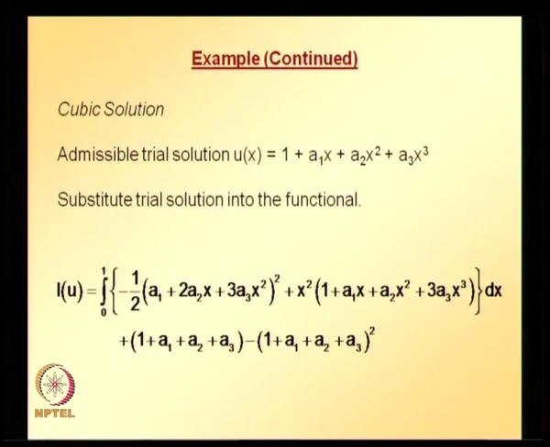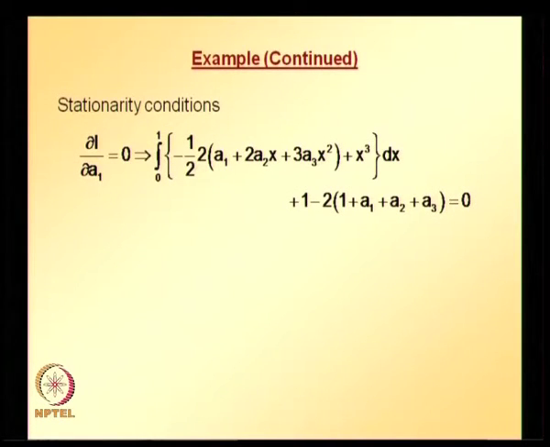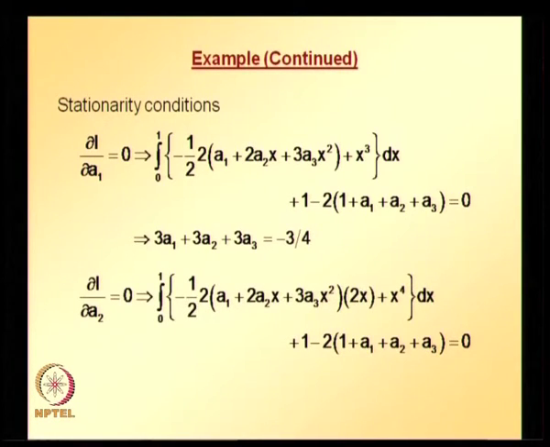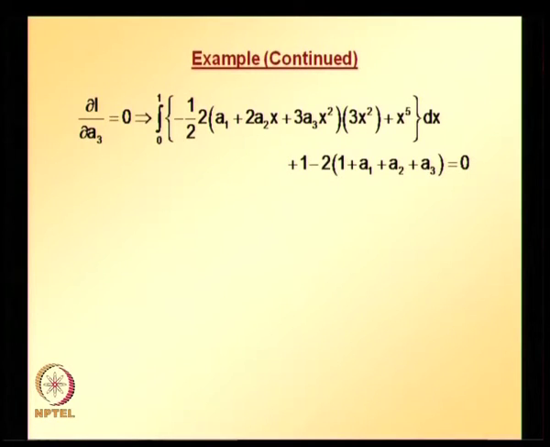Here you have three unknown coefficients, a1, a2, a3, and you need to apply the three stationarity conditions. I think by this time you know what the stationarity conditions are. You apply the stationarity condition, that is, the partial derivative of I with respect to a1 is equal to 0, you get one equation; the partial derivative of I with respect to a2 equal to 0, you get another equation; the partial derivative of I with respect to a3 is equal to 0, you get the third equation.